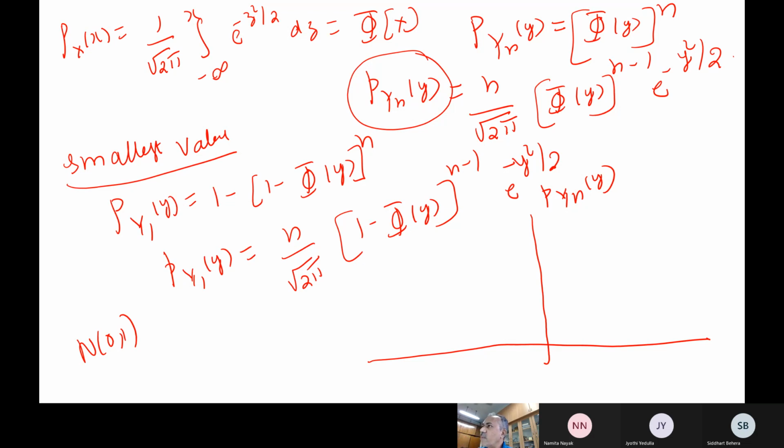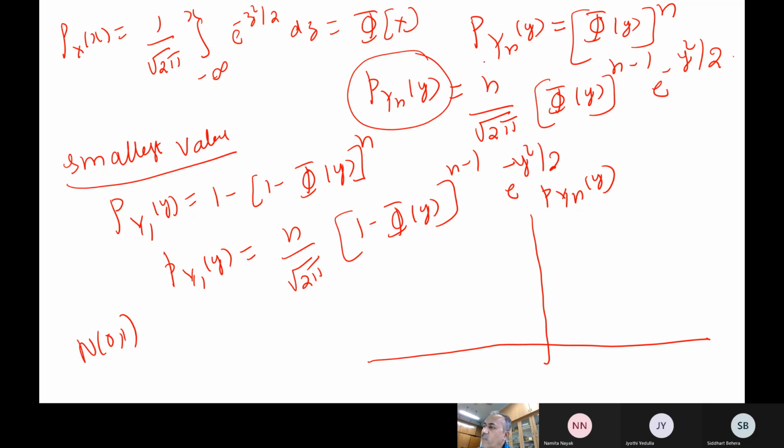So when you are having one sample, what happens? The density function for the largest value will be the same as the data itself.